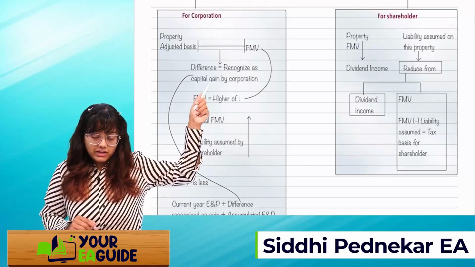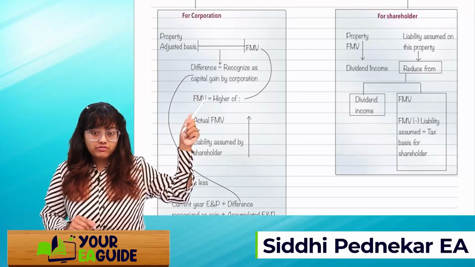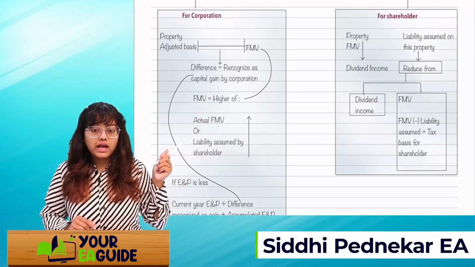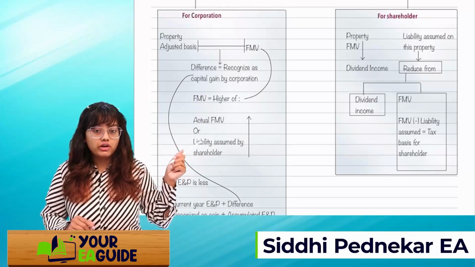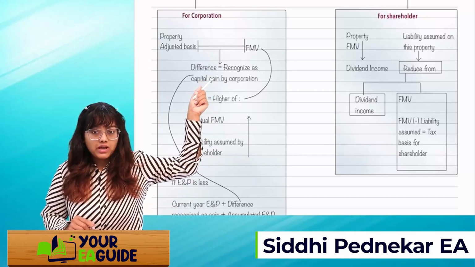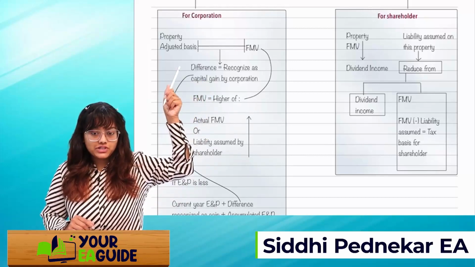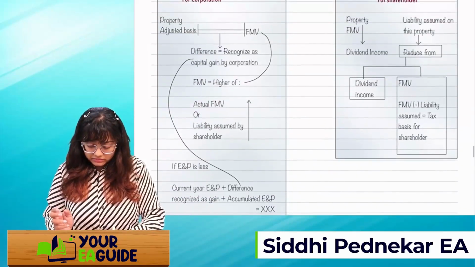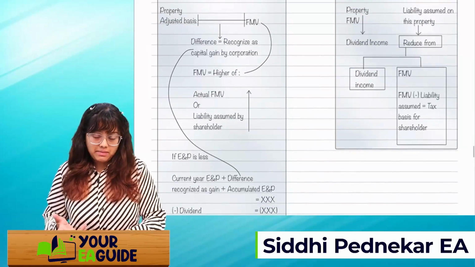For FMV calculation, you will see whether your FMV is the higher of actual FMV or the liability assumed by the shareholder, whichever is higher. You will consider this amount and compare it with the property's adjusted basis. Got it? Now, the difference you will recognize as a capital gain.